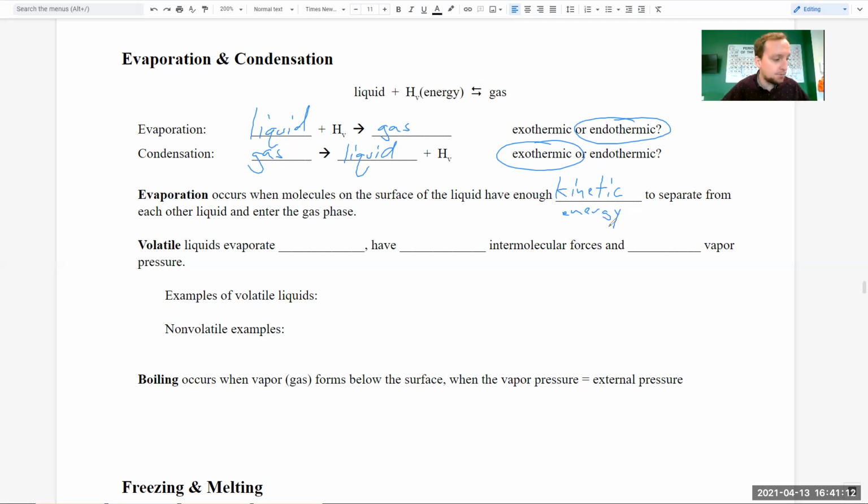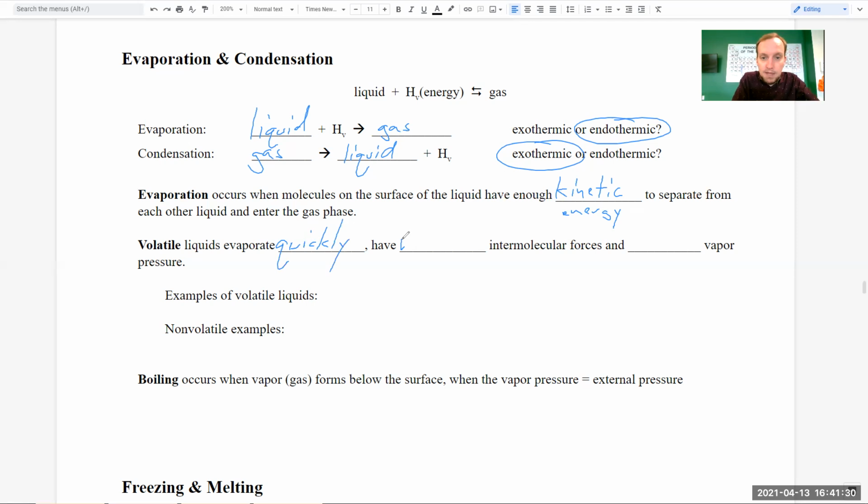Okay? Now, there are some liquids that are called volatile, and they evaporate very, very quickly. You are familiar with some of these. We just don't typically use the word volatile.